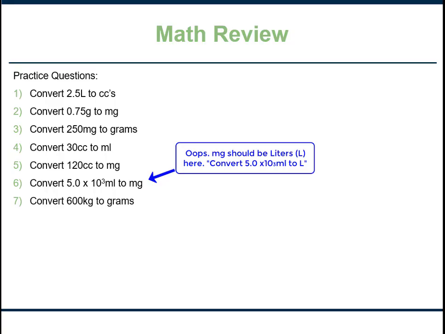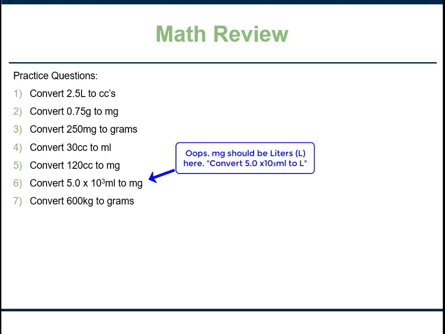See if you can do them using, in particular, the shortcuts that I just gave you, because those shortcuts are going to help you tremendously to get through these problems and problems in the future. So first one, convert 2.5 liters into cubic centimeters. Second one, convert 0.75 grams into milligrams, convert 250 milligrams to grams, and etc. here.